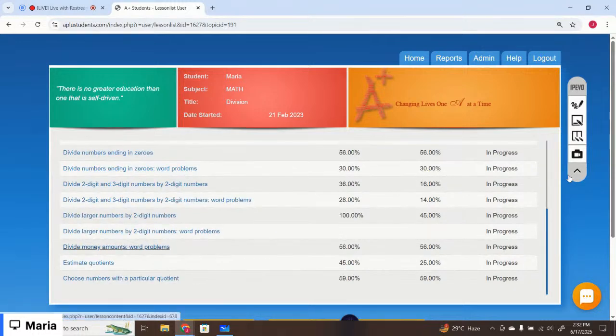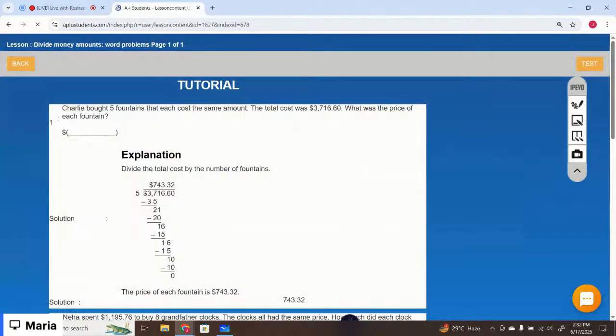That is divide money into a problem. So when we divide money, we have to divide exactly the same way, right? So let's just start with the test questions.